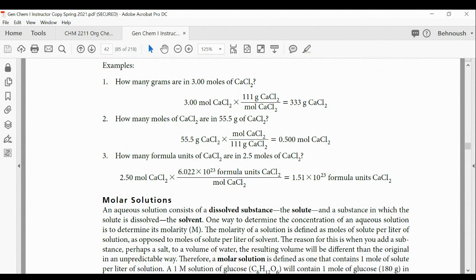So that's the definition for molar mass. Convert molecules, atoms, particles to moles. How would you convert molecules or atoms or particles to moles? Or grams, okay. How would you convert to moles?